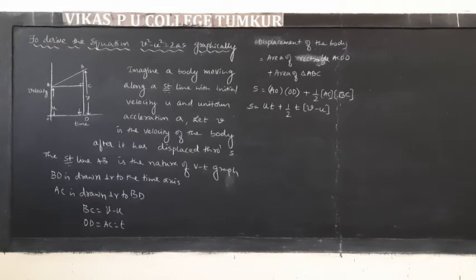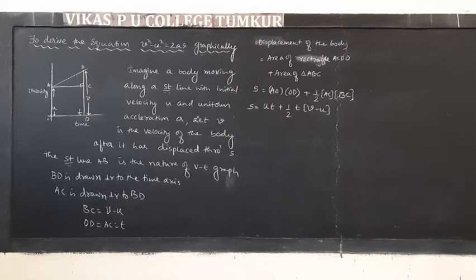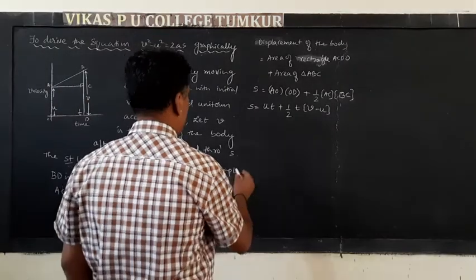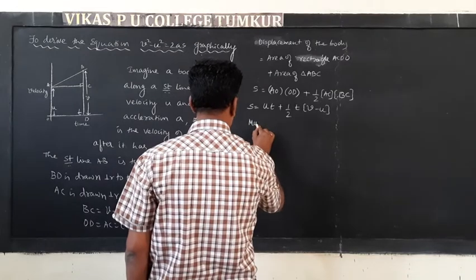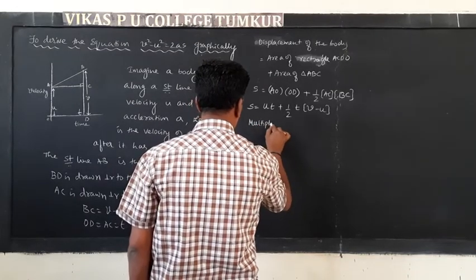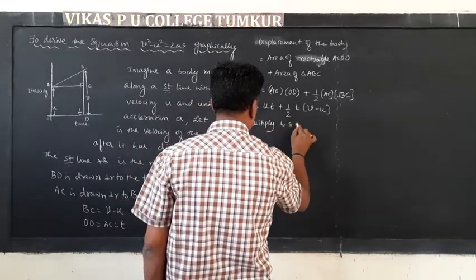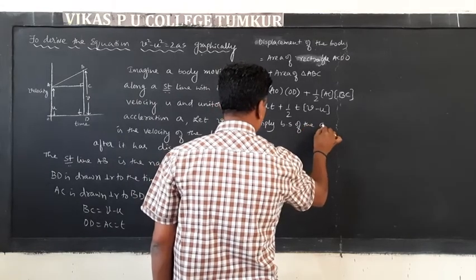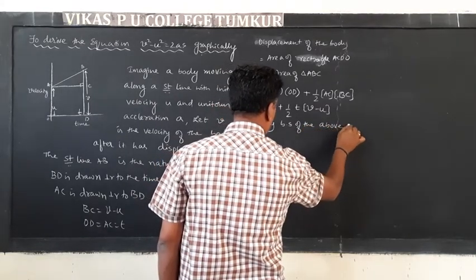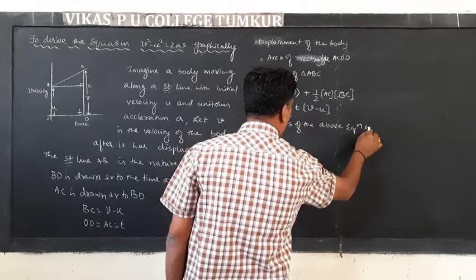Let me multiply both sides of the equation that I have got by 2. So multiply both sides of the above equation by 2.